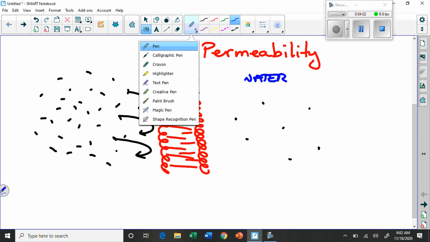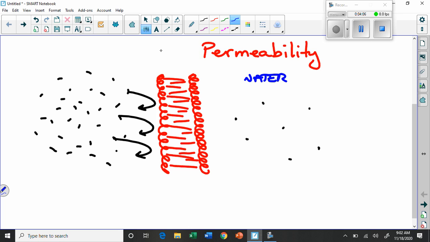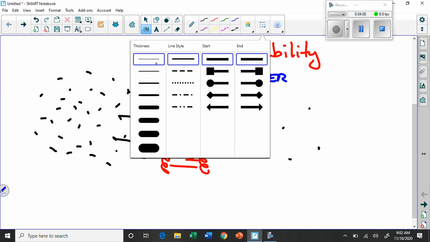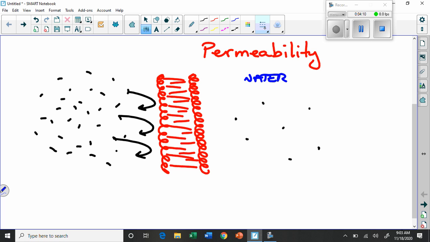Remember how I said water was a very small molecule? Remember that? And it can easily go through almost any membrane. So H2O, water, let me just erase this, can move through the membrane to the other side. Because the membrane here, we're going to write the word impermeable membrane.